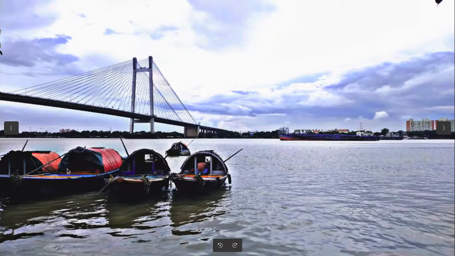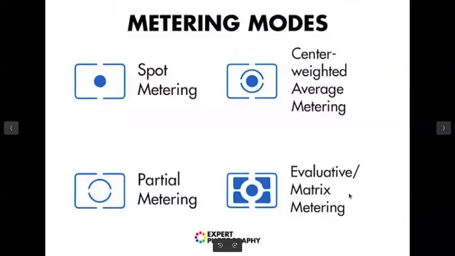For this type of photo, I want the exposure level to be decided by considering the majority of the elements present in the frame, like these boats, this water, this bridge, then the sky. I want the decision to be based upon whatever elements are present in the frame. So for this type of photo, the best method that we can select is evaluative or matrix metering, right?